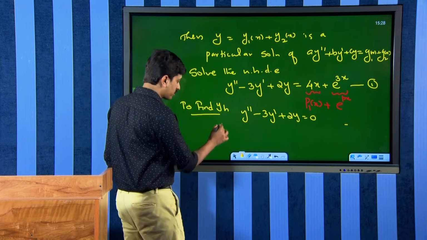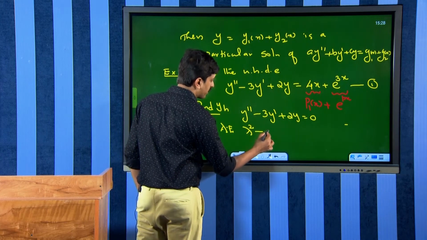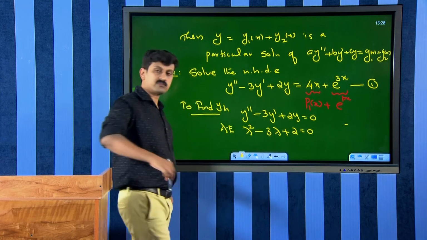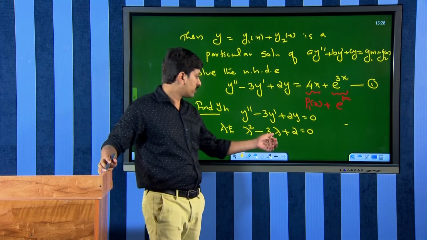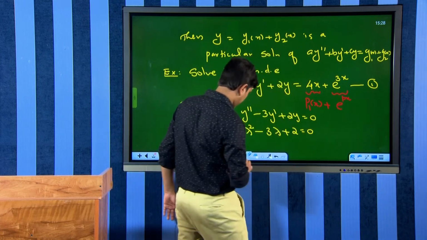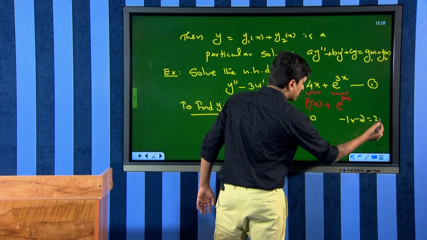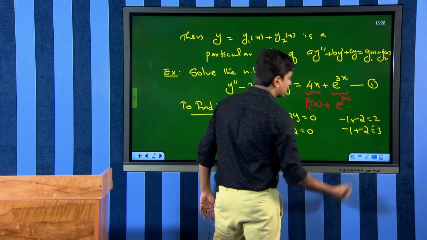The auxiliary equation is lambda square minus 3 lambda plus 2 is equal to 0. The product is plus 2 and the sum is minus 3, so minus 1 and minus 2.